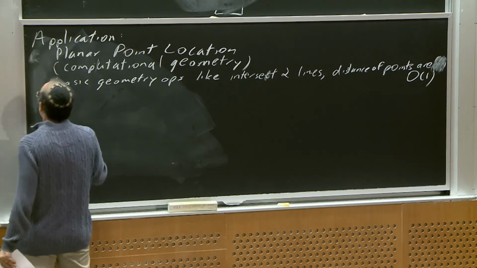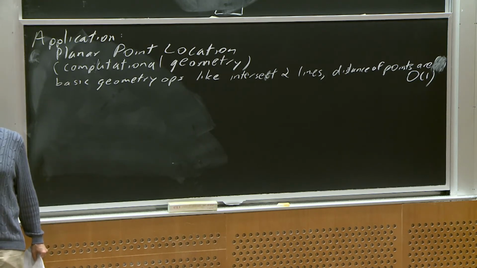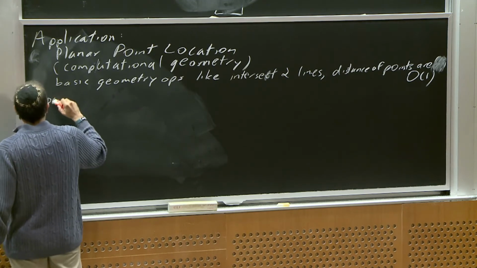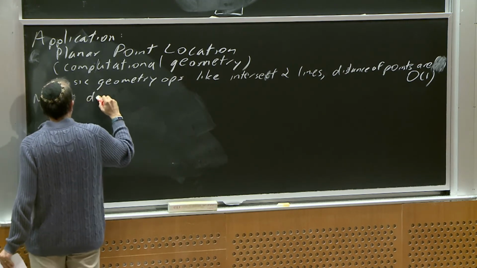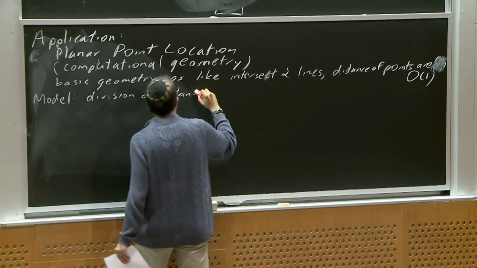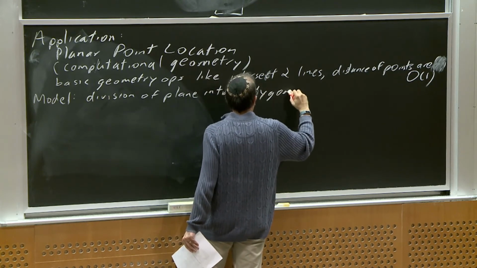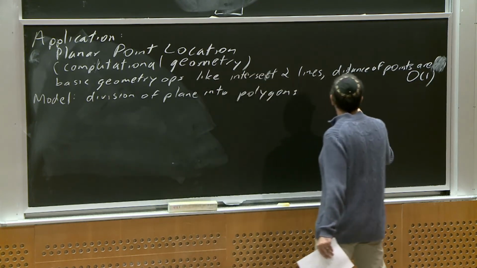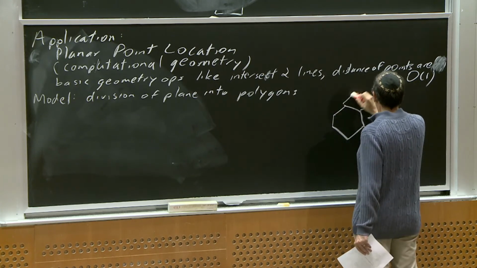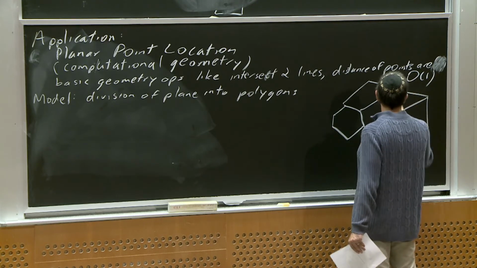What we're going to look at is basically the computational geometry generalization of binary search. So we're going to assume that we have a division of the plane into polygons by some collection of lines. Oh, I shouldn't use vertical ones.